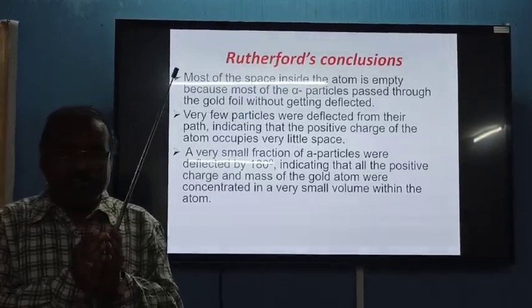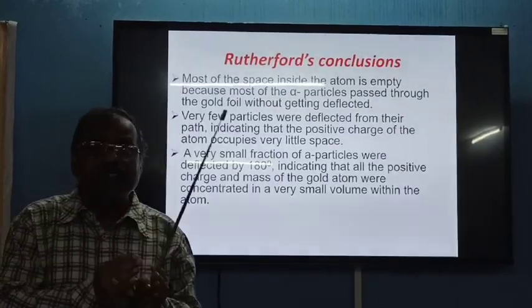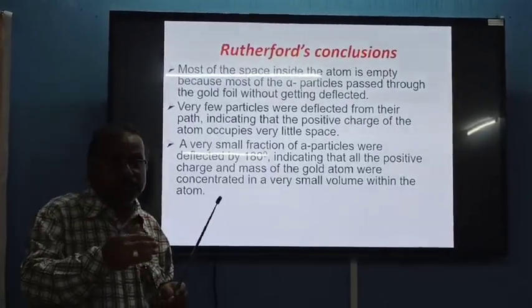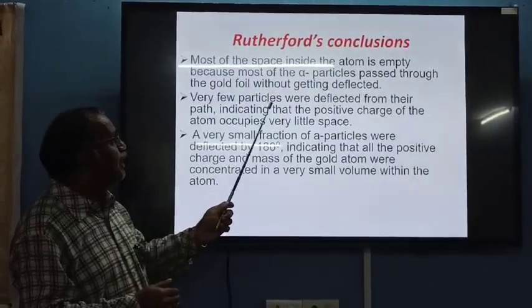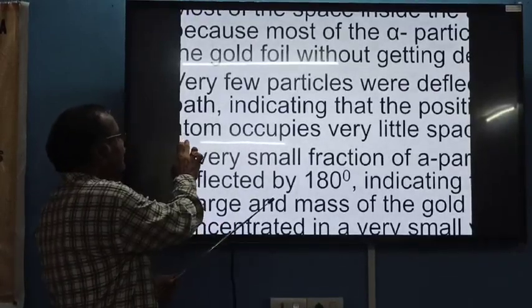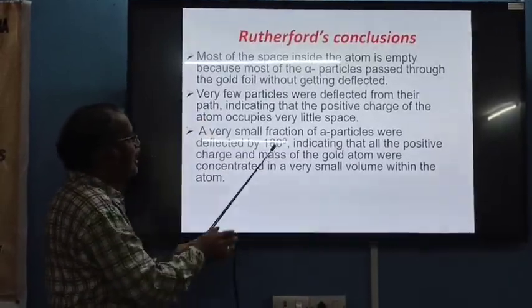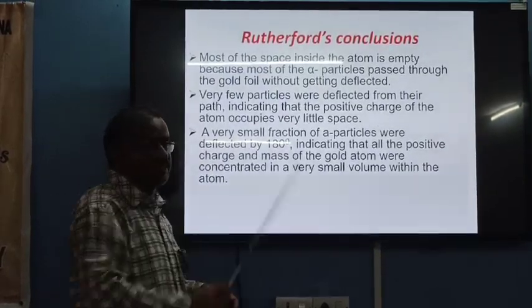The entire positive charge is not all over the atom. Only the particles going near the positive charge are deflected. Very few particles were deflected from their path, indicating that the positive charge of the atom occupies very little space.